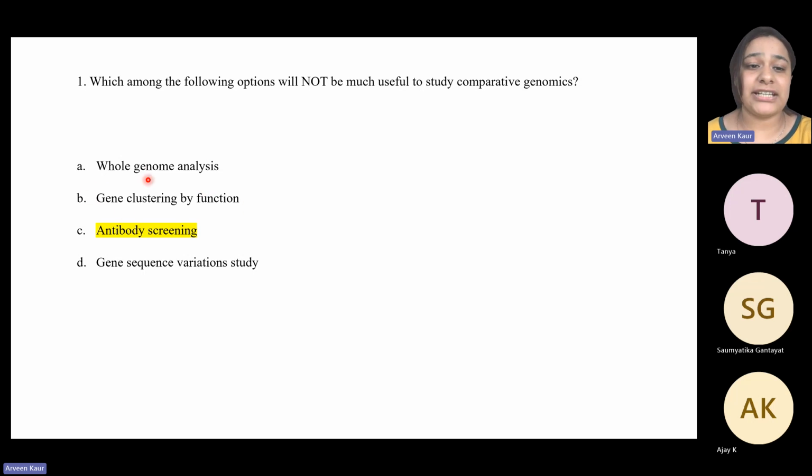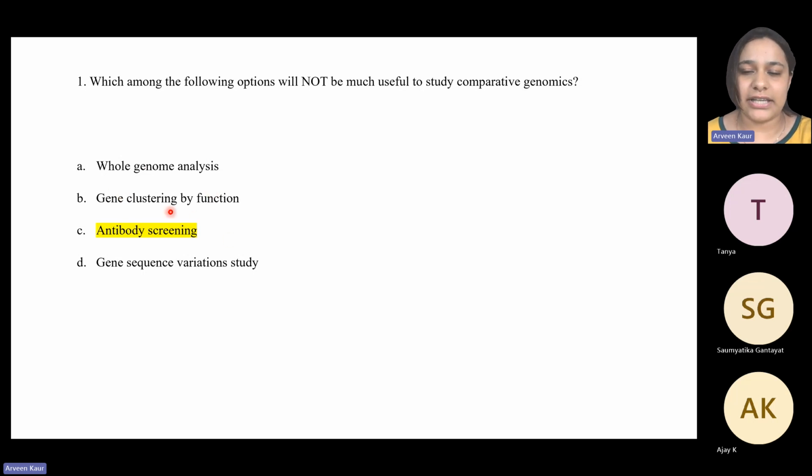If you perform gene clustering by function, what does it mean? For example, you have multiple organisms. Let us go with organisms, because over here we will deal with different species, right? Within those species, you know that everybody has a glucose uptake mechanism. So you want to understand what is the gene responsible for the glucose uptake mechanism.